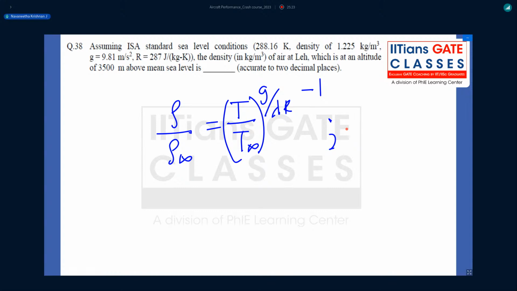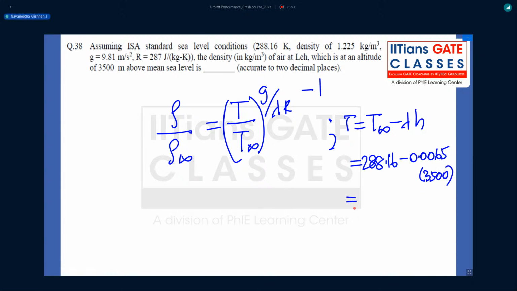First we have to find out the temperature at that altitude. Temperature at that altitude is T infinity minus lambda x, where T infinity is the temperature at sea level, 288.16 Kelvin, minus lapse rate in the troposphere, 0.0065, times altitude, 3,500 meters.